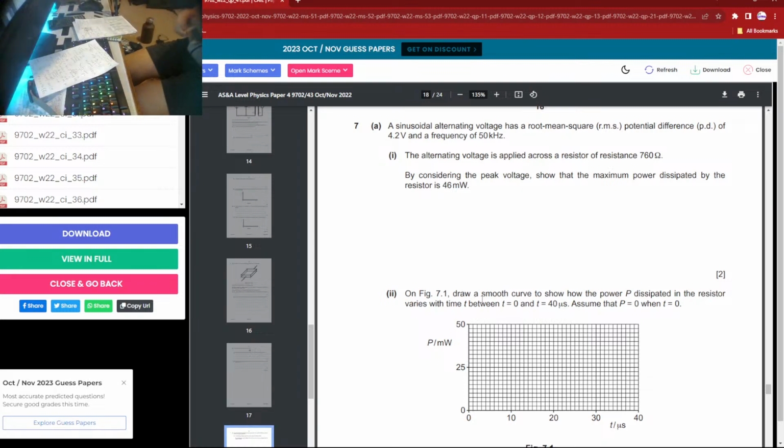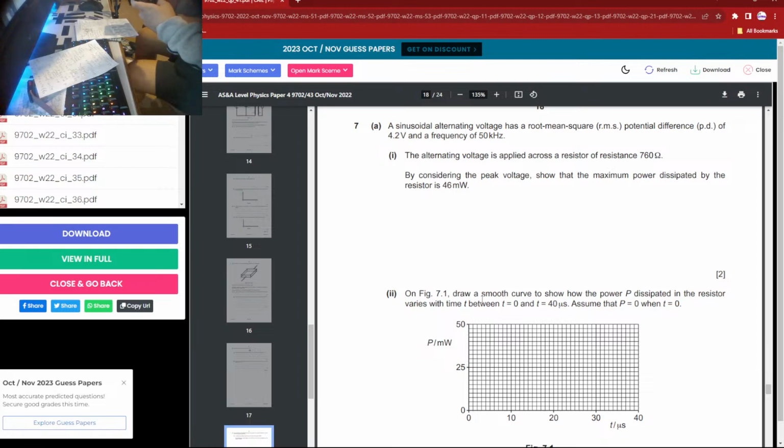Okay, next one, 7A. A sinusoidal alternating voltage has a root mean squared potential difference of 4.2 volt and a frequency of 50 kHz. By considering the peak voltage, show that the maximum power dissipated by the resistor is 46 milliwatts. So from here we can use P equals V squared over R. Since the root mean squared is 4.2, the maximum voltage will be 4.2 times root 2, squared, over 760 ohms.